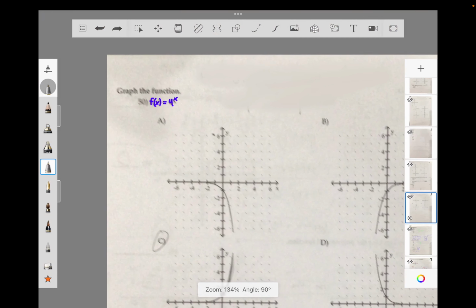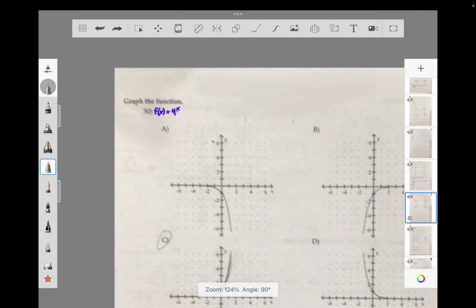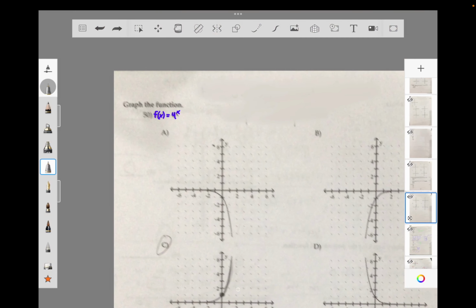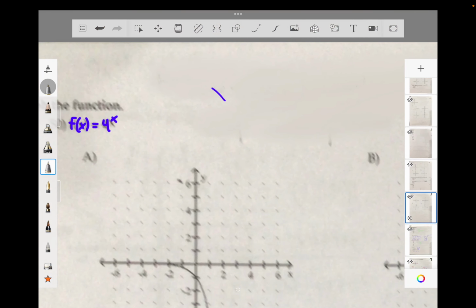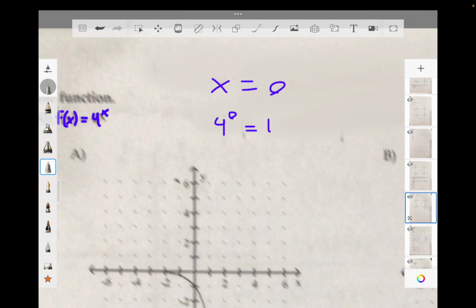F of x equals 4 to the x. You kind of just visualize this. So let's say x equals 0. Anything to a 0 exponent just equals 1. So 4 to 0 equals 1. If x equals 1, 4 to the 1 is just 4.